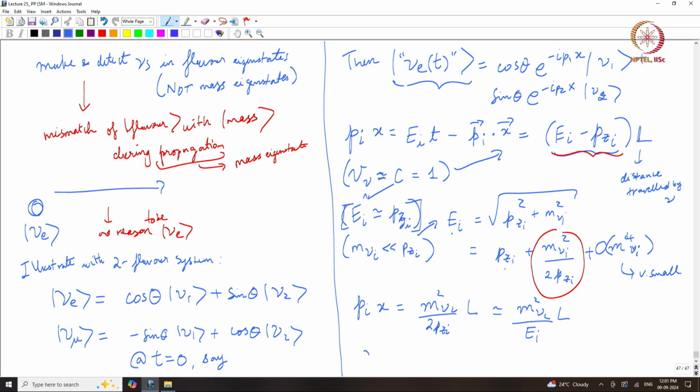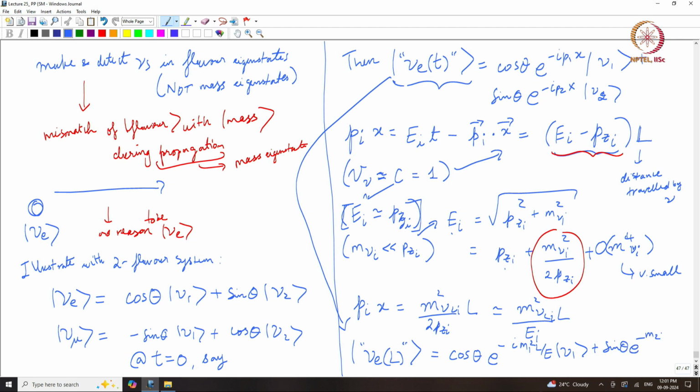I am going to now finally write the neutrino state, having the flavor eigenstate, which is not really one particular flavor eigenstate, after having traveled a distance L. It would now be e power minus i m1 squared L over E nu 1 plus sin theta e power minus i m2 squared L over E nu 2.